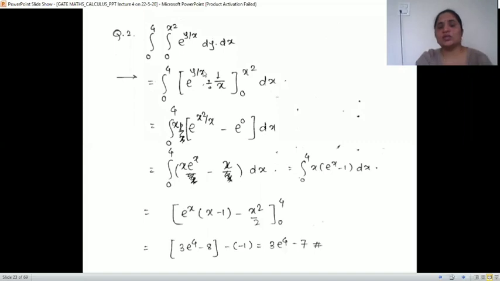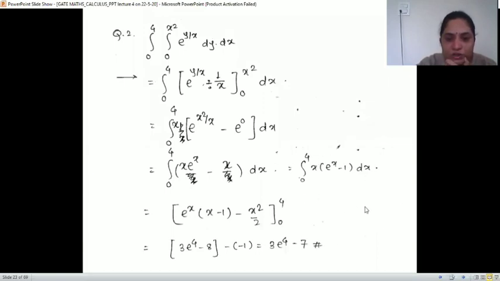Integration is with respect to y, so x is constant and we can take it out, then apply the upper and lower limits: e raised to x square by x minus e raised to 0 by x, which is e raised to x minus 1. There is x outside, let it be outside. And this is from 0 to 4. We have to solve this part now.